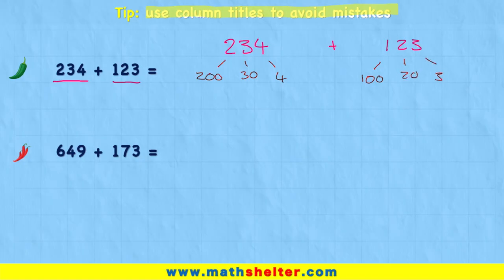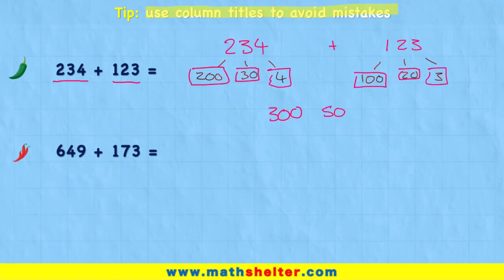And now all I need to do to add is to actually just add the individual parts up. So I could add 200 to 100, leaves me 300, 30 and 20, leaves me 50, 4 and 3, leaves me 7. Add all that together, which is really simple, and I end up with 357.